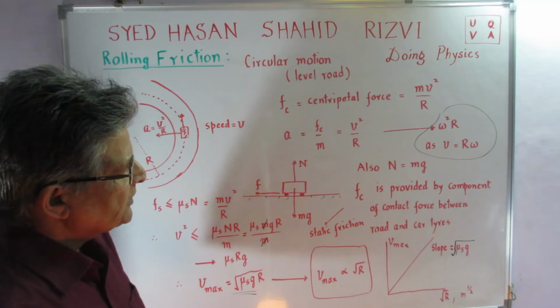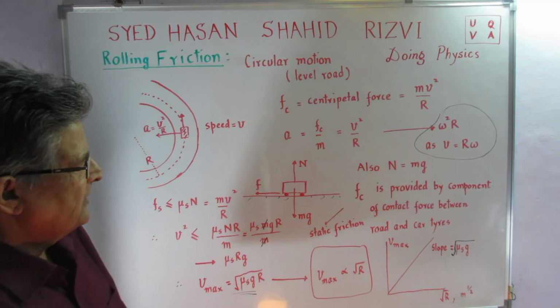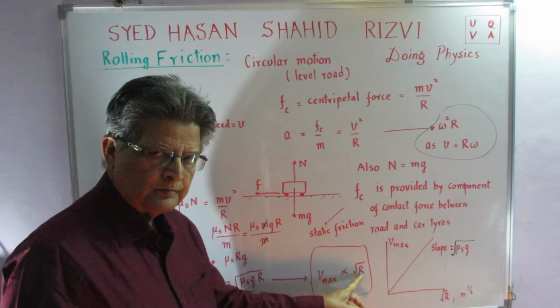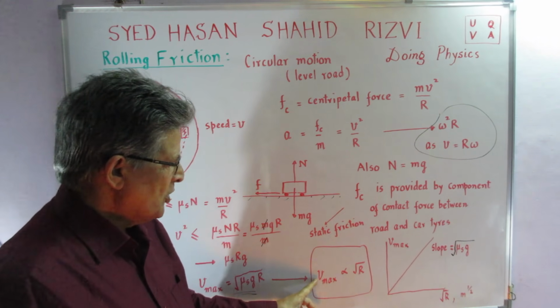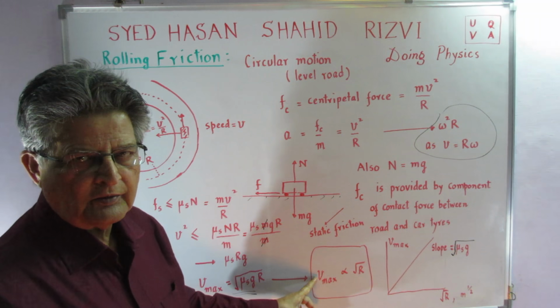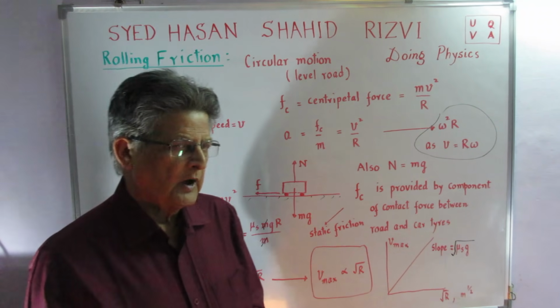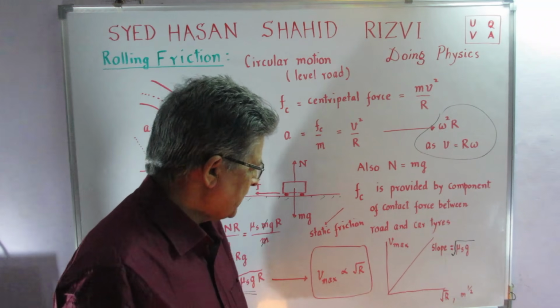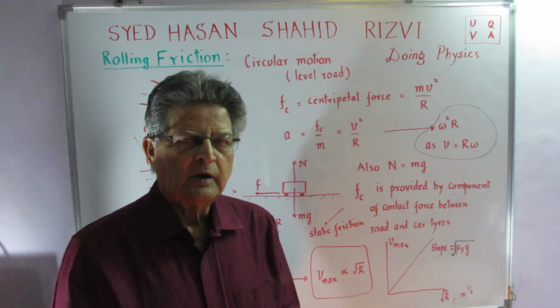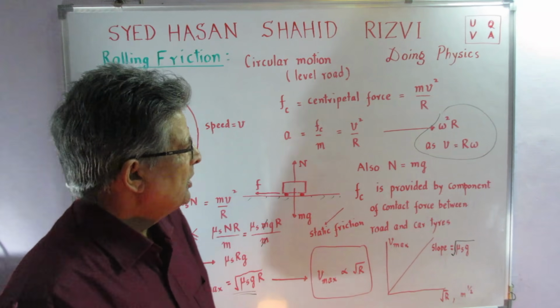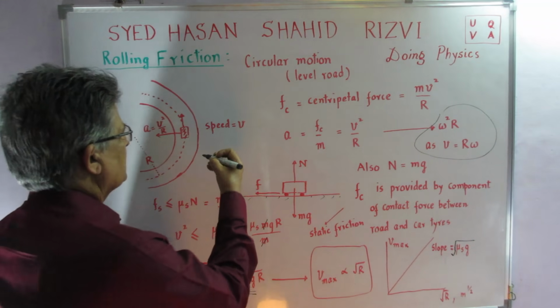So a very interesting thing is that the more the value of R, the more the V max that we can have. I want you to recall the relation between curvature and radius of curvature.